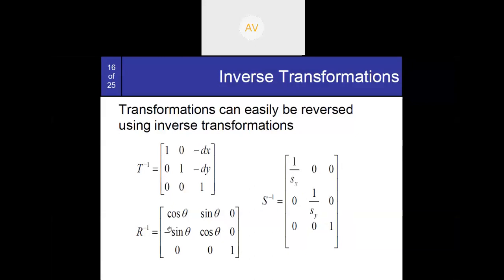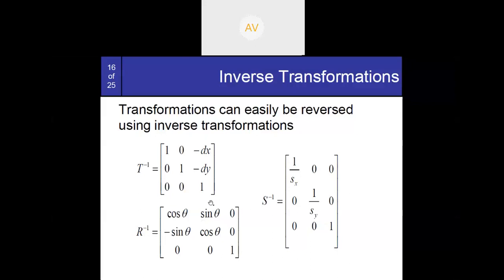Similarly, for rotation, we are taking here cos theta, sin theta, minus sin theta, cos theta. Earlier we had taken cos theta, minus sin theta, sin theta, cos theta. Here the sign has been interchanged, you can see. Now when reversing, the minus sign is over here, earlier the minus sign was here.